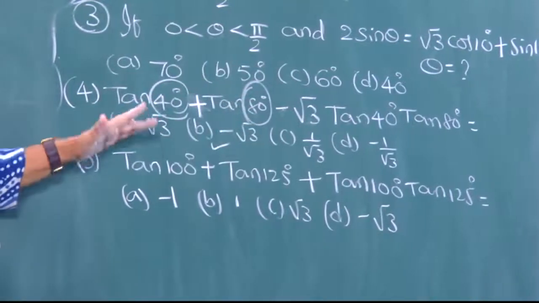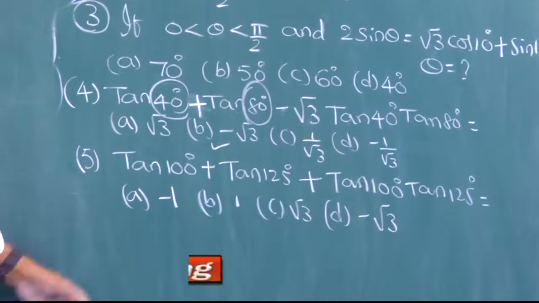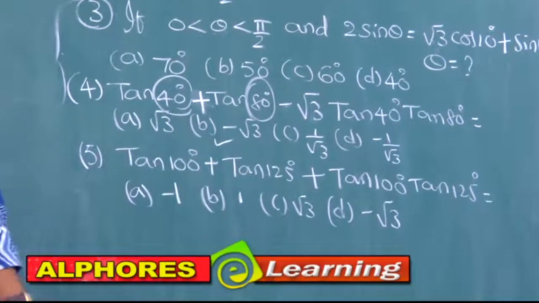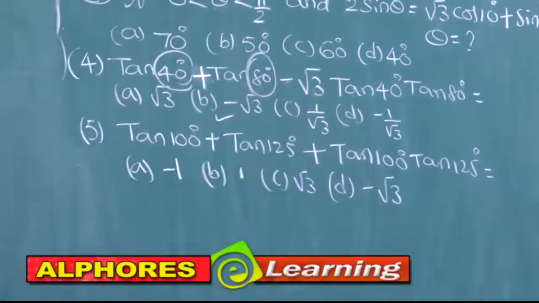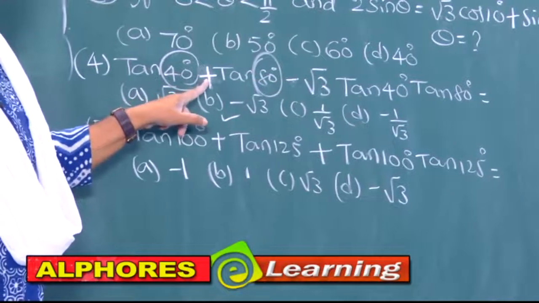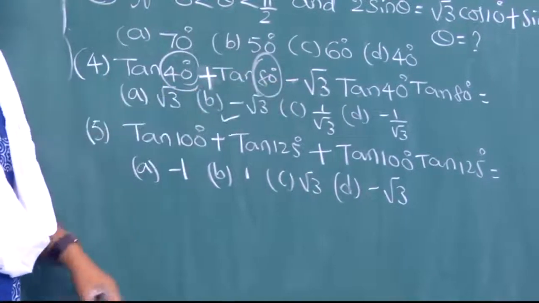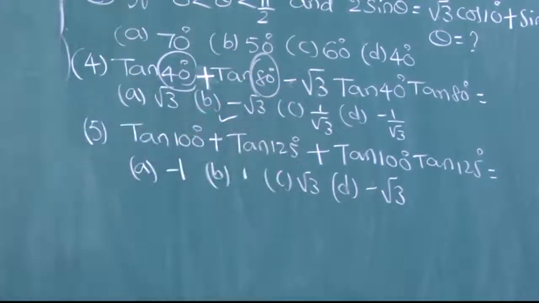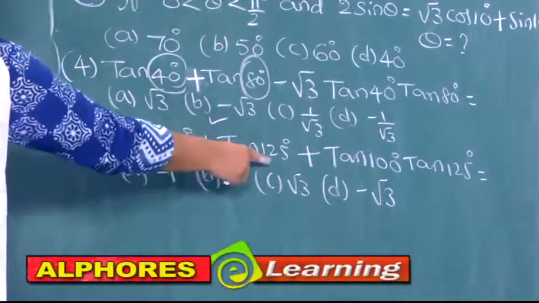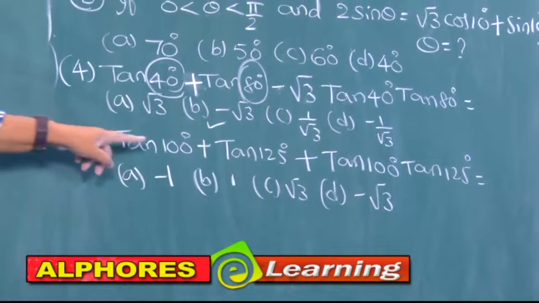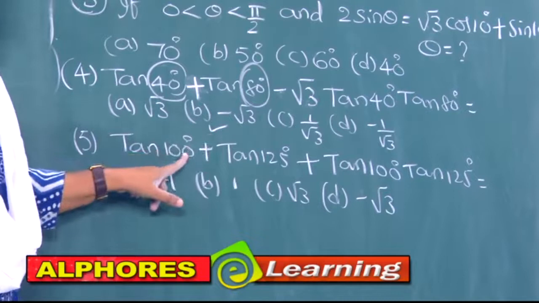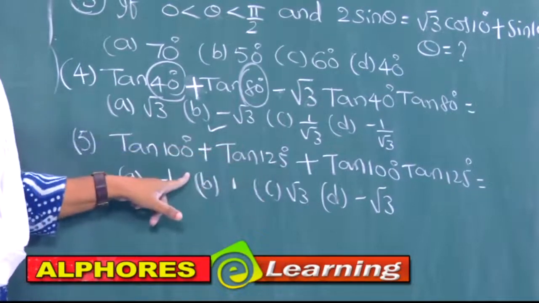Understand? Now basing on that concept, you observe here 100 degrees, 125 degrees, but plus symbol is there. Understand? Here minus symbol, just now I said if here plus symbol, here it should be minus, but here you are having plus symbol. Now what about the sum of these two values? Actually 225 degrees. 100 degrees plus 125 degrees is nothing but 225, and what is tan of 225?